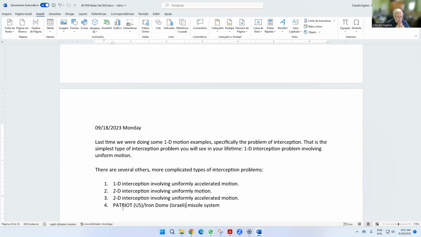The Patriot system was initially used in battle. Please correct me if I am wrong. Someone that's in the military knows that better than I do. I would say that the first time the Patriot missile system was used in a real battle space was during the first Gulf War, back in the 90s.